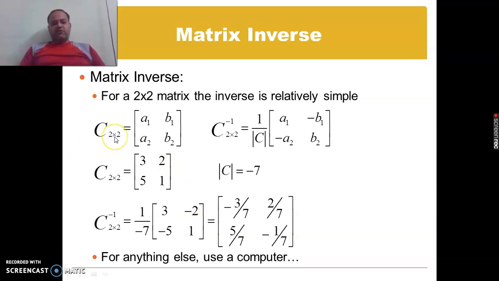This is a 2 by 2 matrix, and the inverse of the 2 by 2 matrix is 1 upon the determinant of C times the transposed matrix. We will continue this topic in our next lecture, and we will see what the inverse of a matrix is, and another thing.